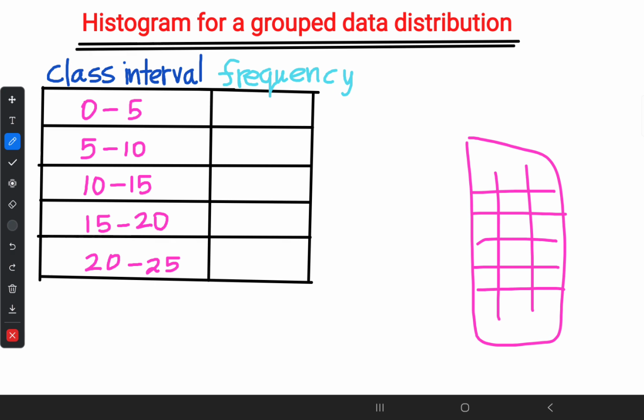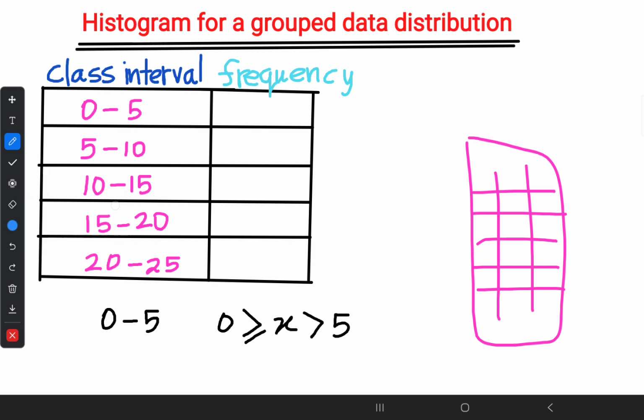So I will give you 0 to 5. The 0 to 5 interval means 0 less than or equal to x, less than 5. This is a kind of reference.